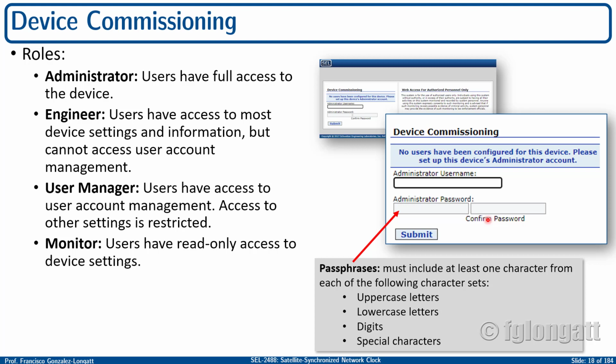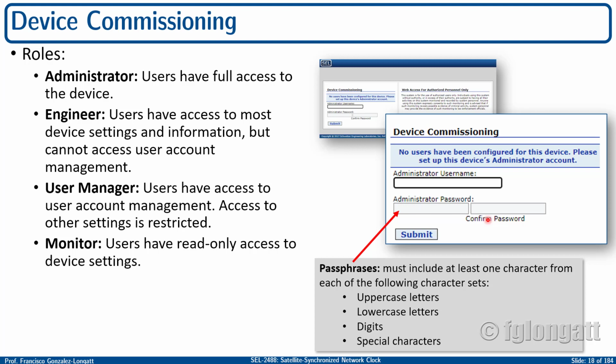But when you are doing the commissioning of this device, you will realize that when you try to access the web server, this device is coming with no administration username or password. What I'm trying to say is this device is coming from the factory, and there is no administrator account.